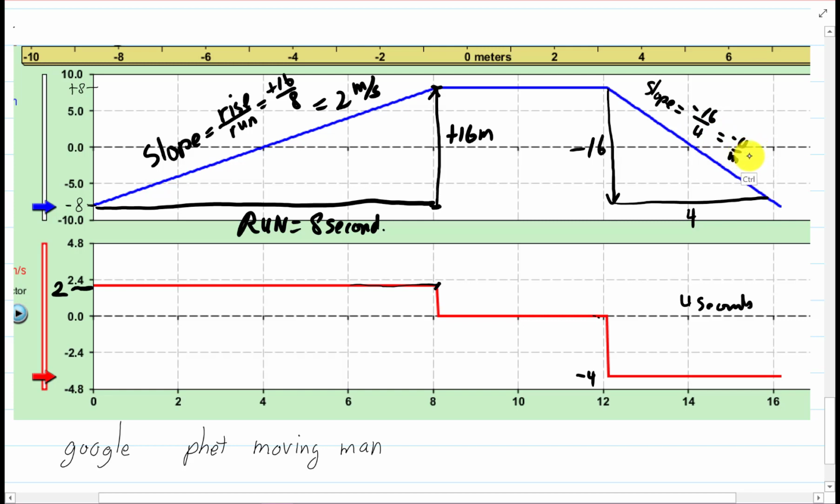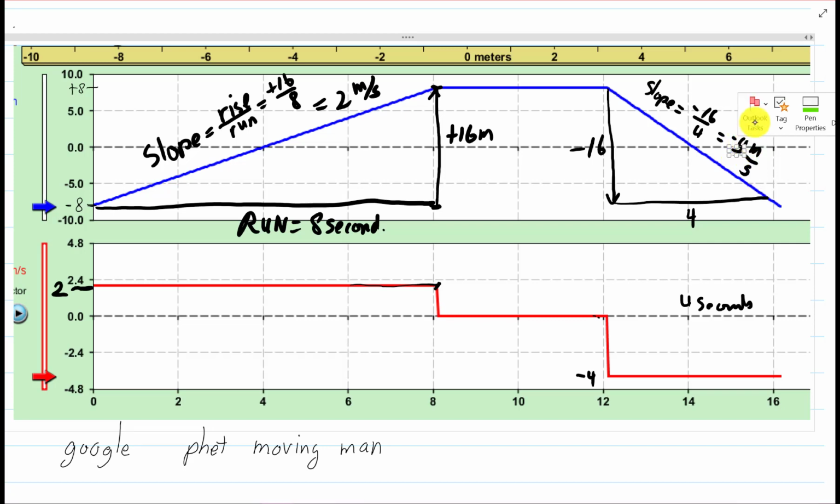Whoops. -4 meters per second. I don't know what's going on there. That's my bad handwriting. Okay, and that was the velocity that we typed in, -4, and it stayed -4 all the way along. Because it stayed -4 all the way along, the slope didn't change, so that is a straight line.